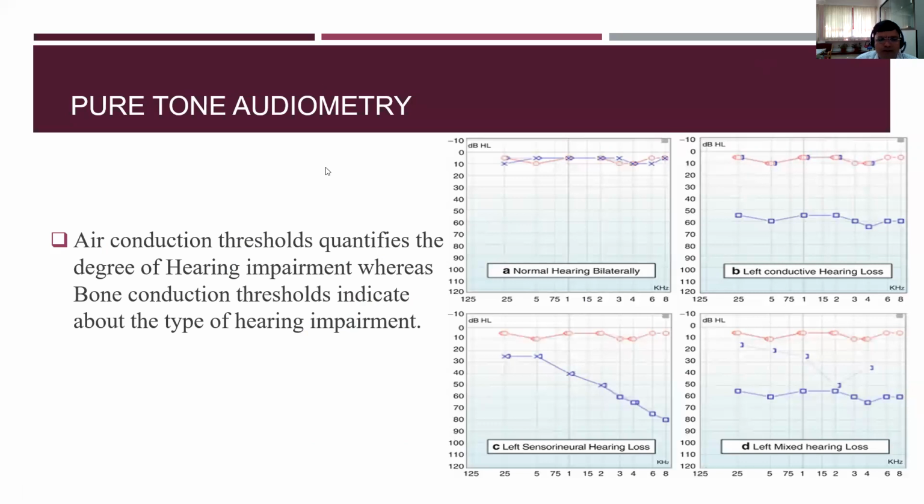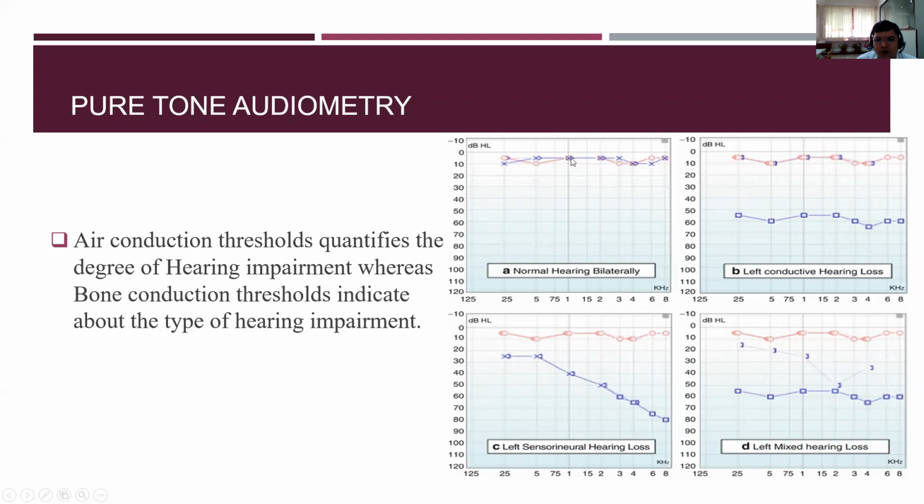Let's talk about pure tone audiometry. Though it looks very simple, I'm sure most of you are familiar with this test, because at most places, this is one of the basic audiological tests where clinicians obtain air conduction thresholds and bone conduction thresholds.